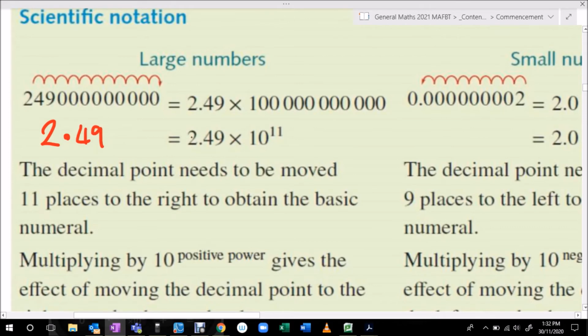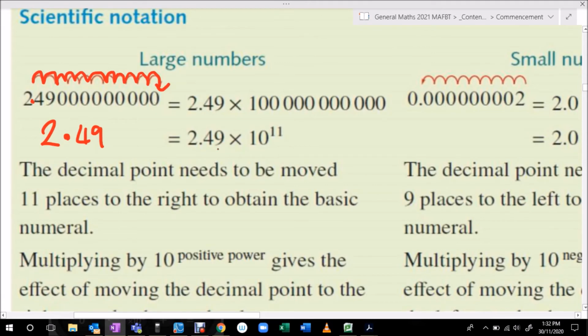Now, where the decimal is going to go is important. If you put your 2 and decimal point here, the next thing you do is count the number of spots that decimal moves to the very end of the number. This sounds a bit complicated, but we'll do a couple more examples. So if you look at where that decimal point is, 1, 2, 3, 4, 5, 6, 7, 8, 9, 10, 11.